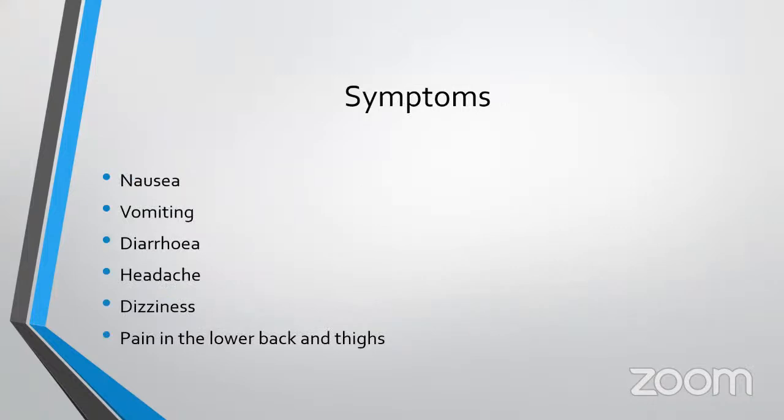But before that, they have to undergo the menstrual cramps. So the symptoms when they have the menstruation, along with a severe menstrual cramp, they may feel nausea or a sensation of vomiting, and it could lead to vomiting also and diarrhea. They may have headache and dizziness and severe pain in the lower back, thighs, and the lower belly.